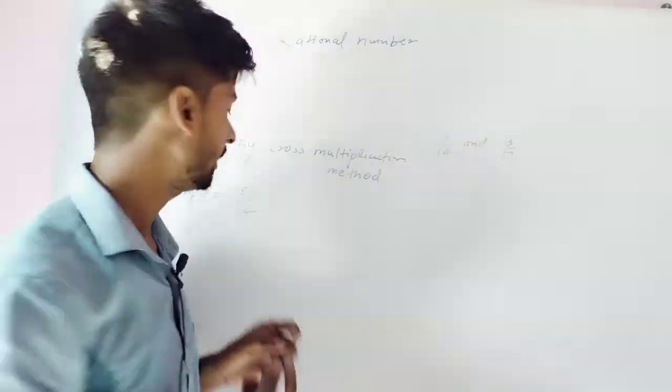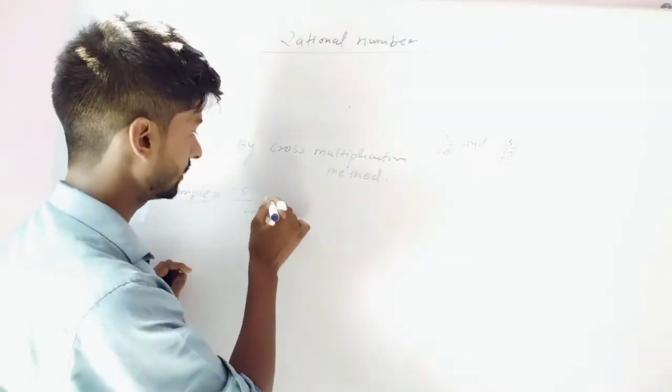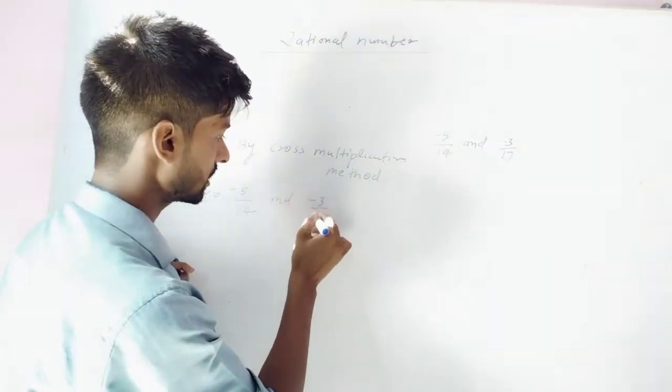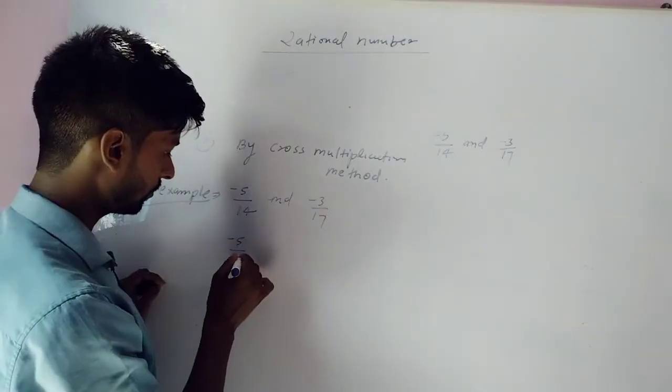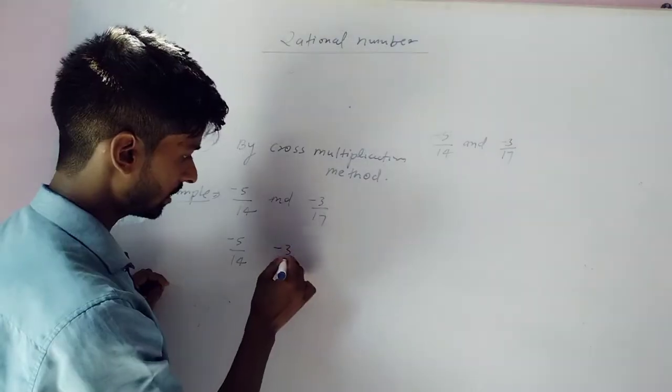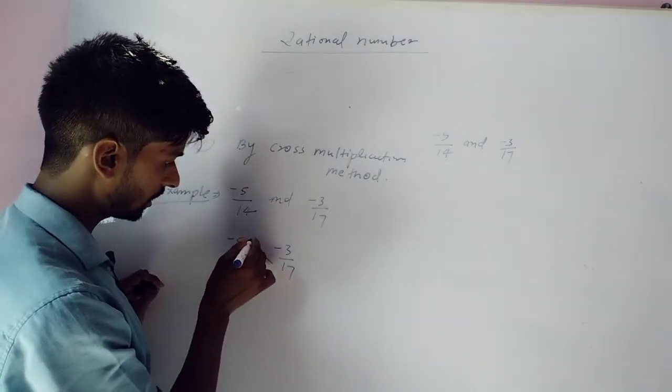We have, for example, -5/14 and -3/17. So we can write the cross multiplication now: -5/14, we can write -3/17. So cross multiplication like this.